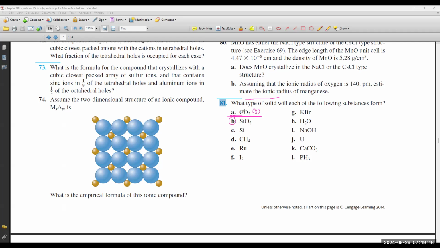What about this one, B? Network solid. No, it's polar. It's very polar, Mayank. There is oxygen. Silicon bonded with oxygen, then silicon, then oxygen here and here. These bonds are polar, and there are lone pairs also. It's not symmetrical.